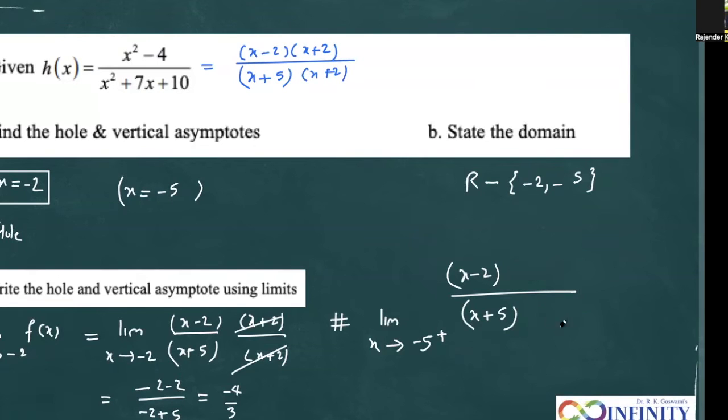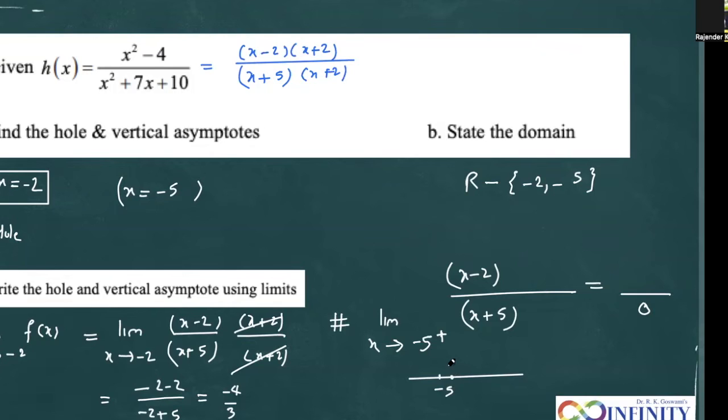Now I need to check the sign only. Certainly the denominator is 0. Am I right? This -5 is somewhere here. Choose a point that is close to -5. Plus stands for from the right, and negative stands for from the left, so I'm choosing -4. Just place the value x equals -4. Tell me what is the sign.